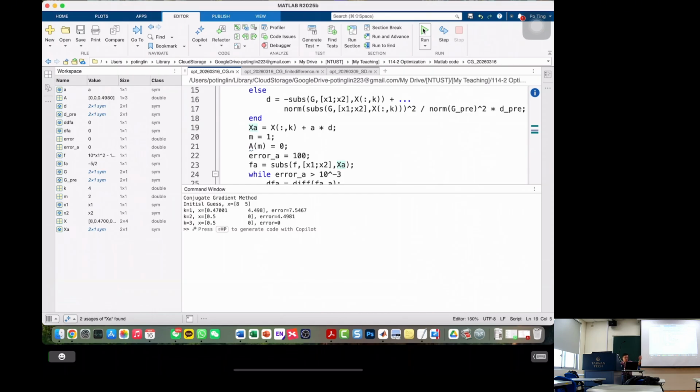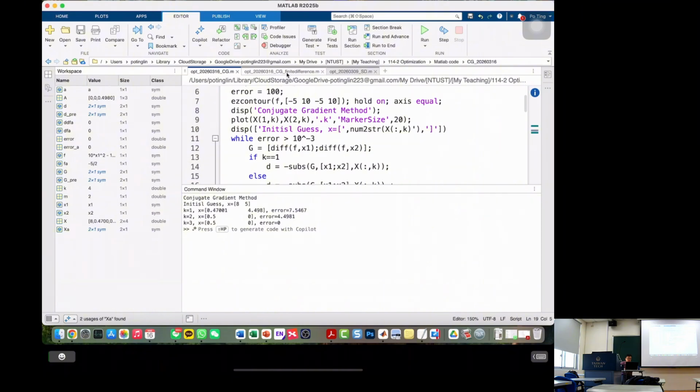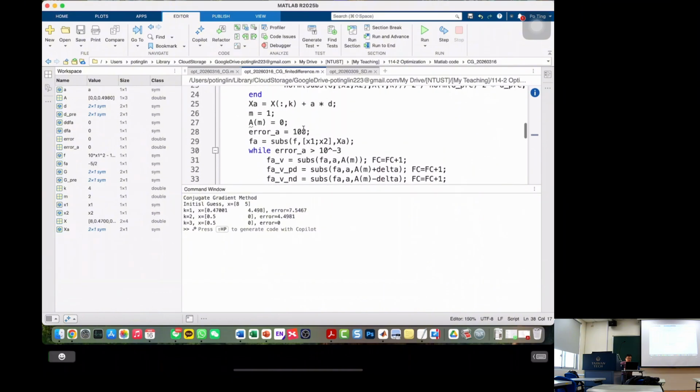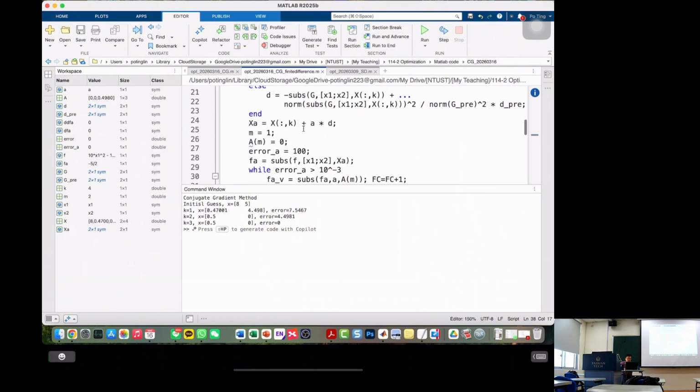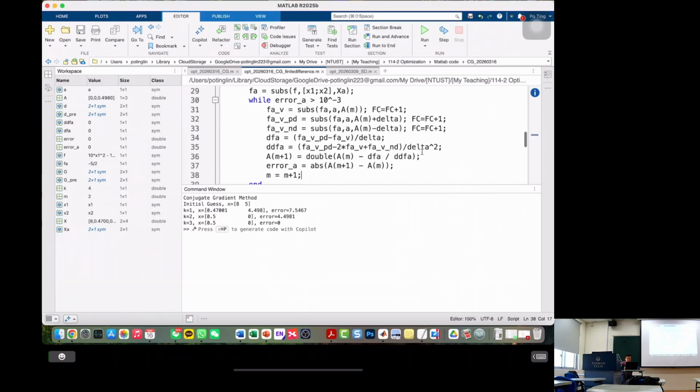Okay. So I will update the bug right here in the line search. If DFA equals to 0, then alpha equals to the previous alpha.